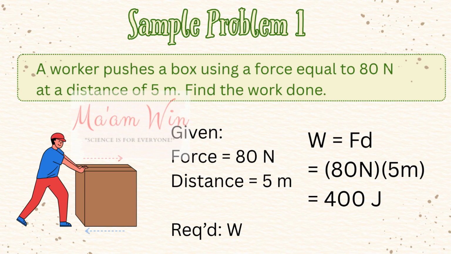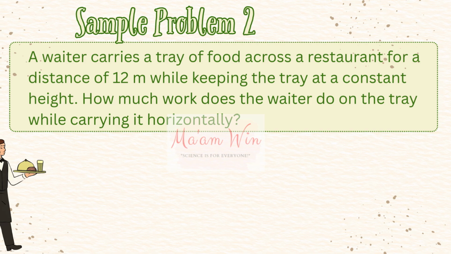This means that the worker transferred 400 joules of energy to the box while pushing it. Notice that increasing either the force or the distance would result in more work being done. This relationship is important in engineering, where designers calculate how much work a machine must perform to move heavy objects efficiently.